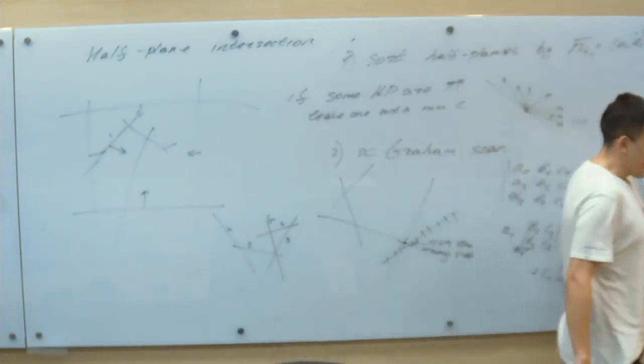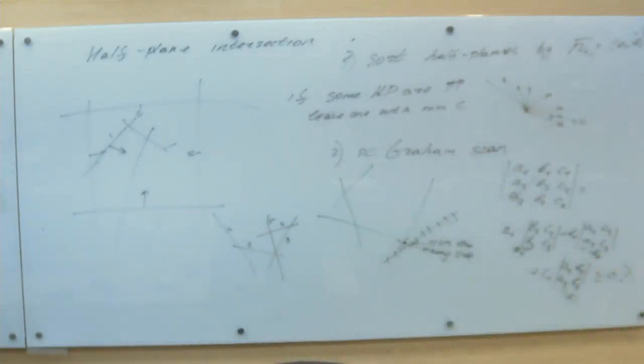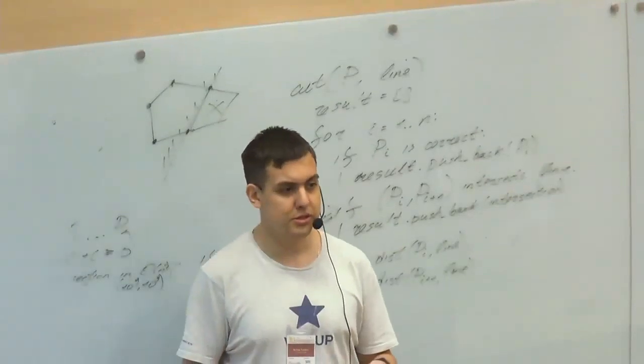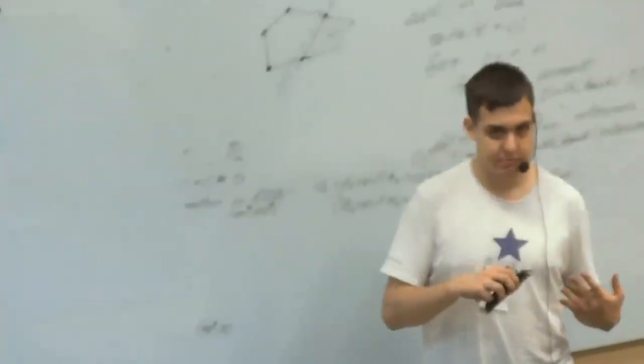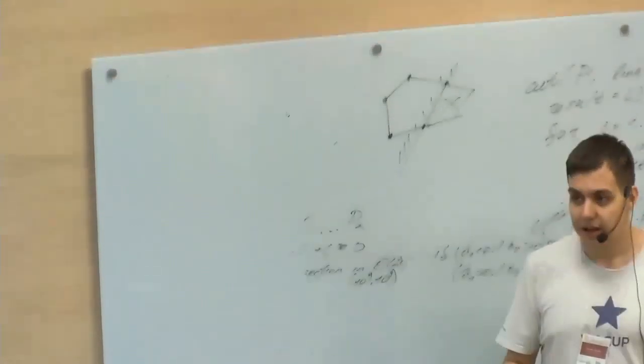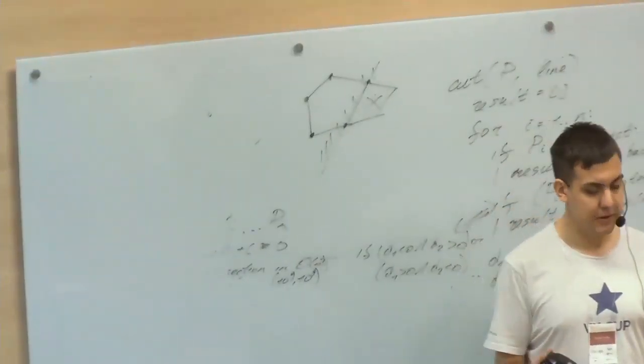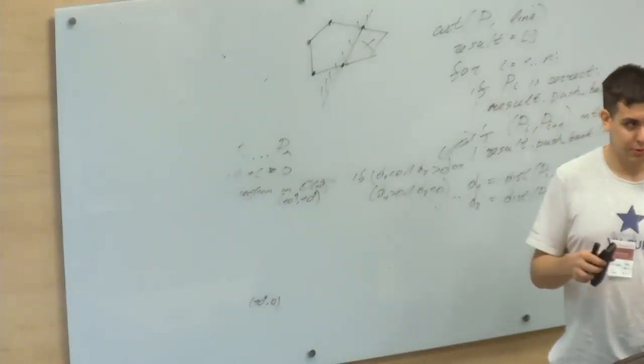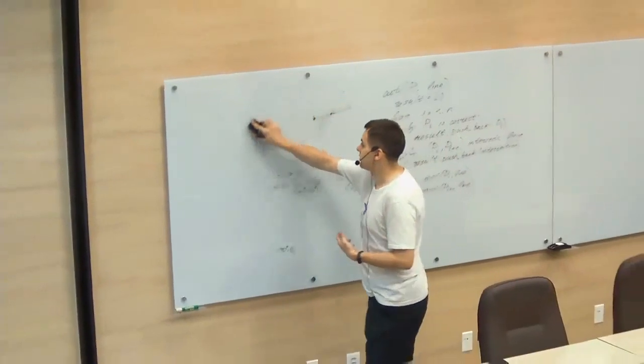Okay, and as I told you, finding the half plane intersection is equivalent to finding the convex hull, and sorting numbers can be reduced to finding the convex hull, and you might already know that you cannot sort faster than n log n using only comparisons of two different objects.